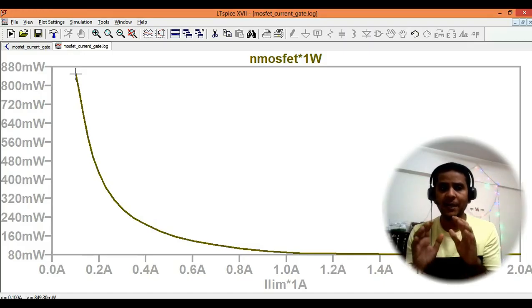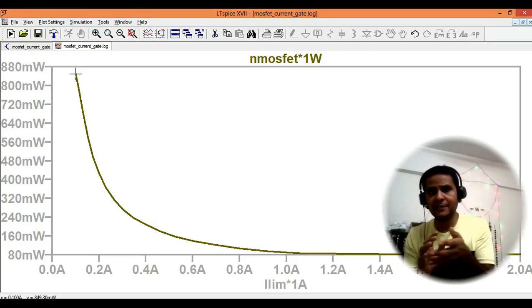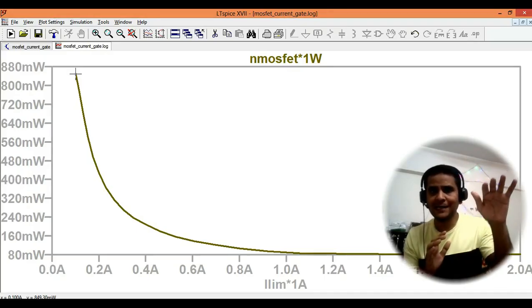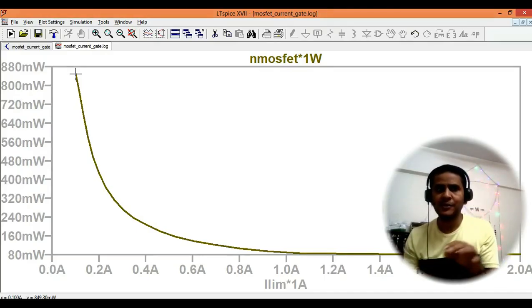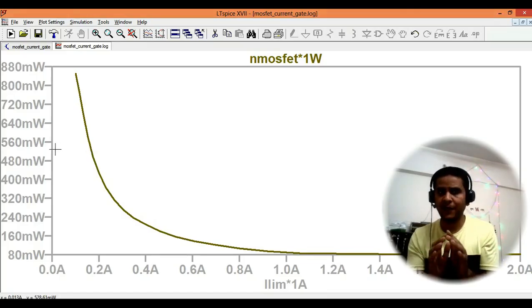But as soon as you keep on increasing the current on the x-axis, your power dissipation is going down. If I click somewhere here, my current is around 166 milliampere and the power dissipation is around 550 milliwatt.